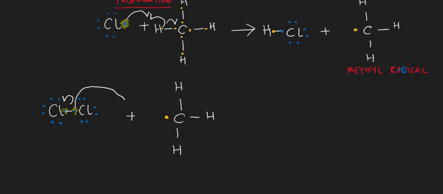So that's going to move over here, and it's going to interact and bond with the lone electron from the methyl radical. So when we do that, we get a chlorine radical by itself, and we get our product. So when we add a methyl radical together with chlorine, we get chloromethane.